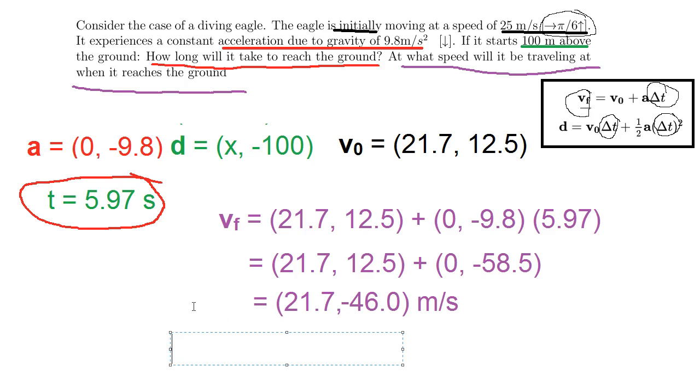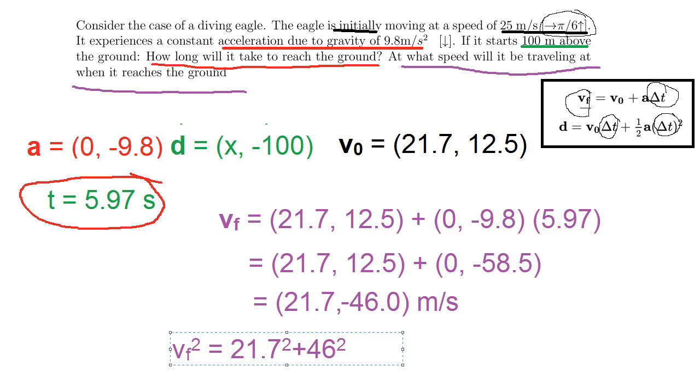Now, in order to find the speed, which is the magnitude of the final velocity, we're going to use the Pythagorean theorem. So we're going to do v final squared is equal to the x part squared plus the y part squared.